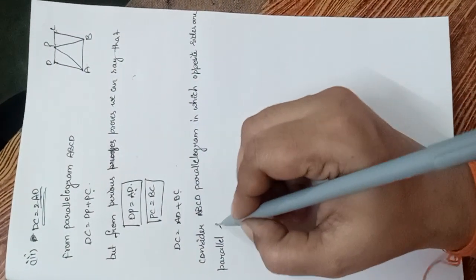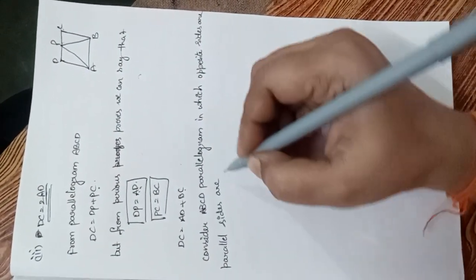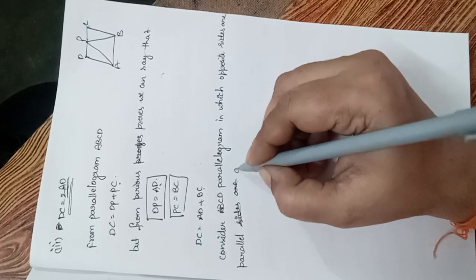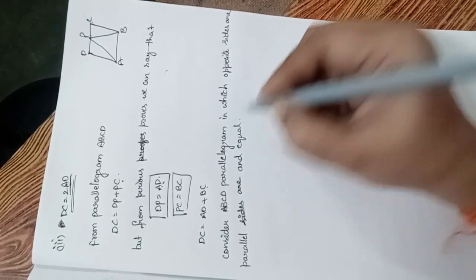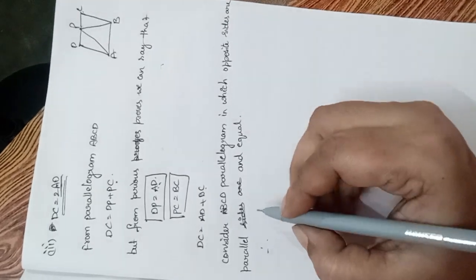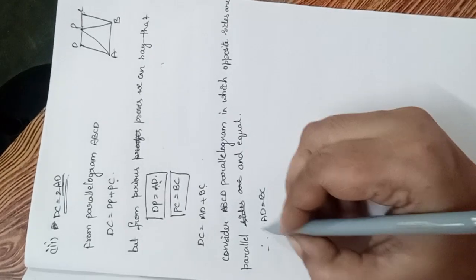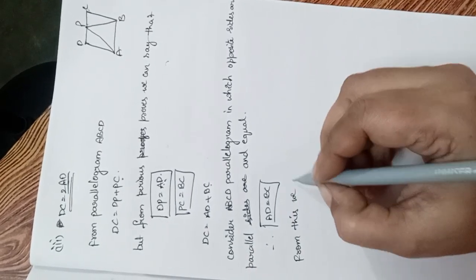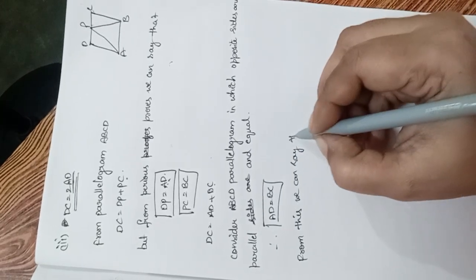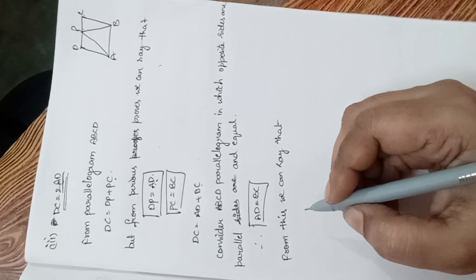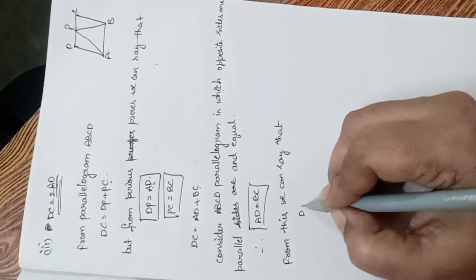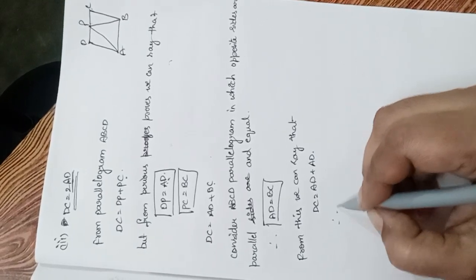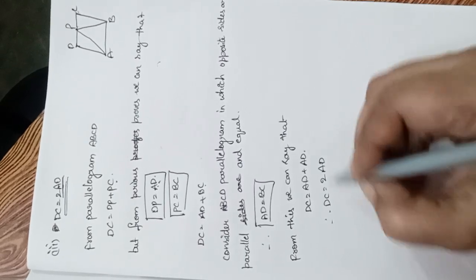Therefore, AD equals BC. From this, we can say that DC equals AD plus AD. Therefore, DC equals 2AD.